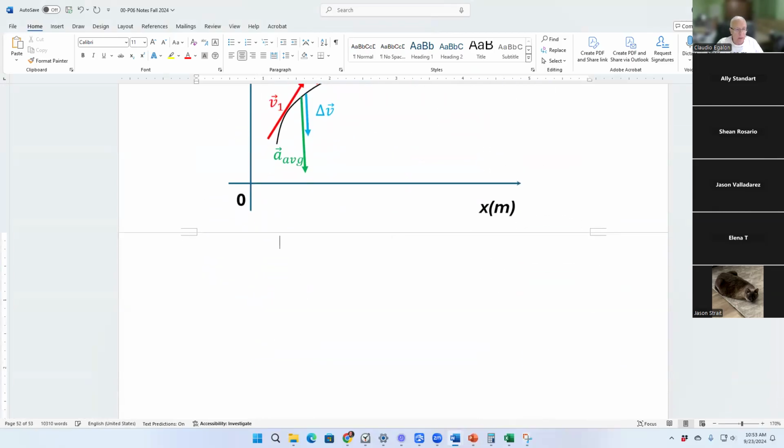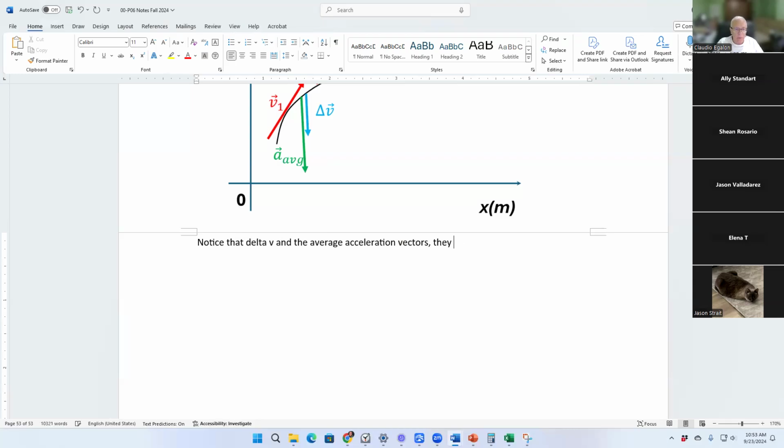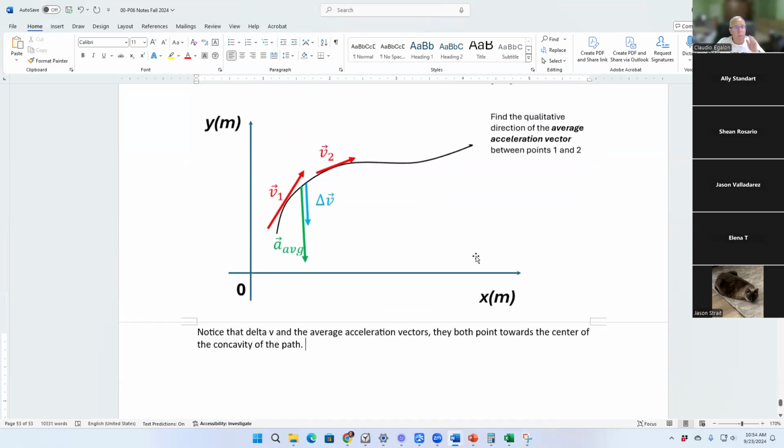Notice that delta V and the average acceleration vectors, they both point towards the center of the concavity of the path. Concavity of the path.